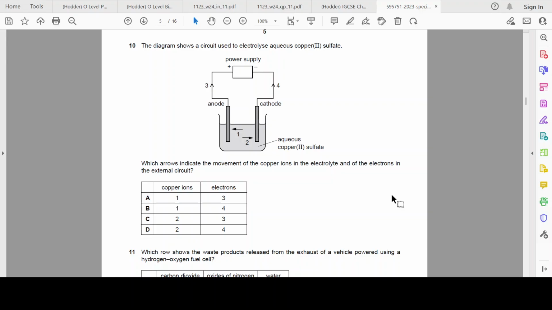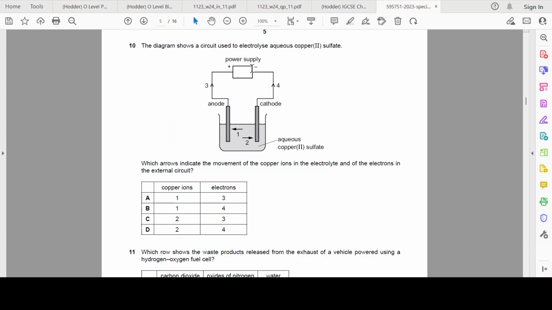So the flow is from the negative. If you're making the proper circuit, this arrow should be pointing downwards at number 4. But it's pointing upwards. It's saying that the electrons are moving towards the negative terminal of the supply, and that's not what happens.